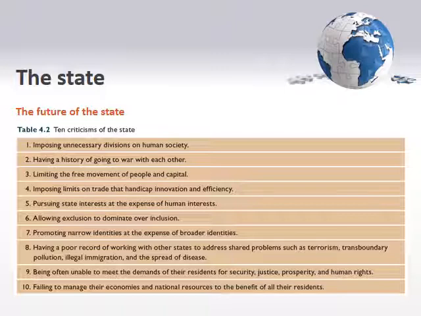States too often are unable to meet the demands of their residents for security, justice, prosperity, human rights, and because states control borders, it can be very difficult for those people to vote with their feet and go somewhere else where their demands will be met.